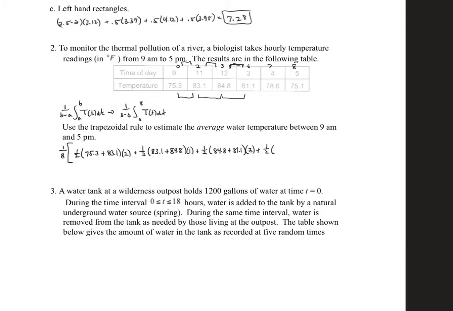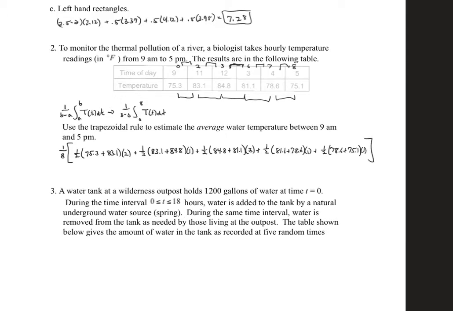And the next trapezoid, we're going to use the 81.1 again, plus we're going to get this time 78.6, and our delta t here, 7 minus 6, is 1. And our final trapezoid is 1/2. We're going to use a 78.6 again, plus the 75.1, our last one, and our delta t is also a 1.